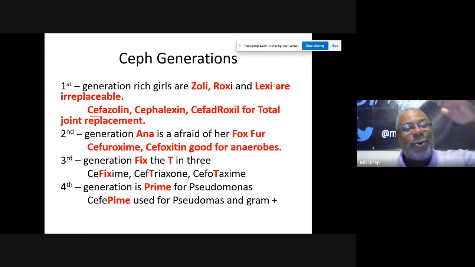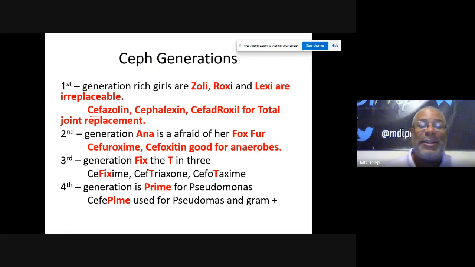As they produced more through the years, like the fourth generation and now the fifth generation, those could cover more. So the first generation doesn't cover as much as the fifth generation. But the first, second and third generations are still recommended for things that are very common.